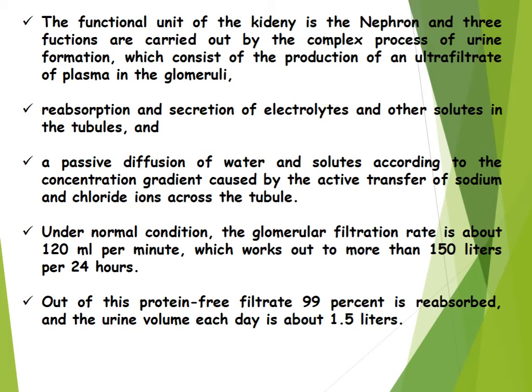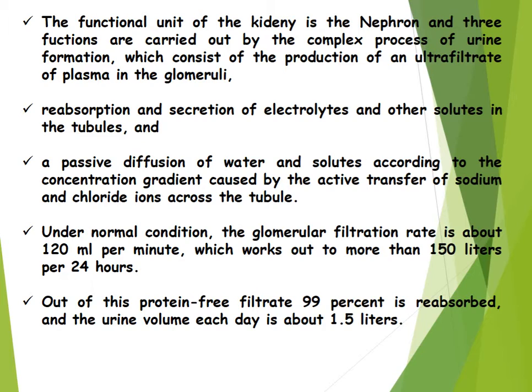Next, as all of you know, the functional unit of the kidney is the nephron, and the kidney performs three functions carried out by the complex process of urine formation. First is the production of an ultrafiltrate of plasma in the glomeruli. Next is the reabsorption and secretion of electrolytes and other solutes in the tubules.